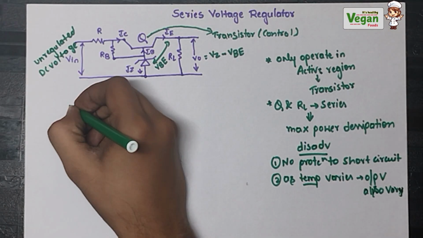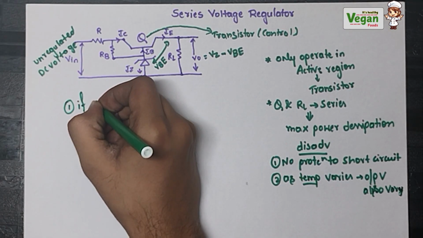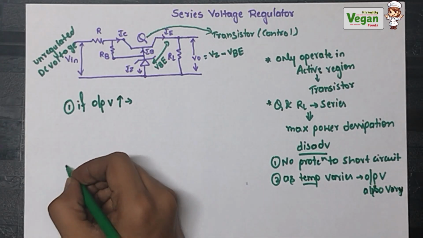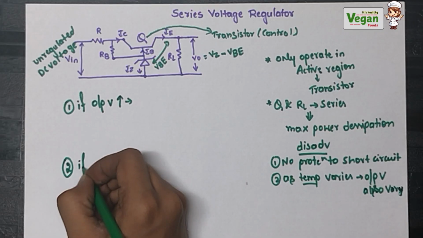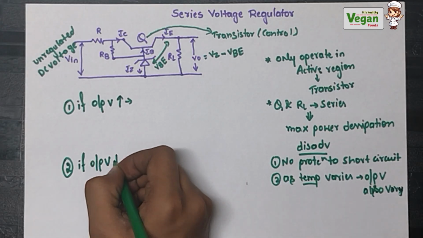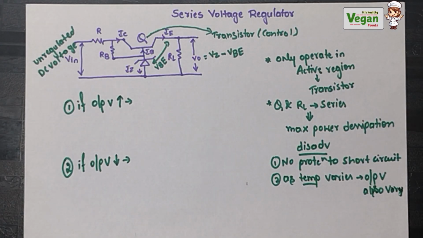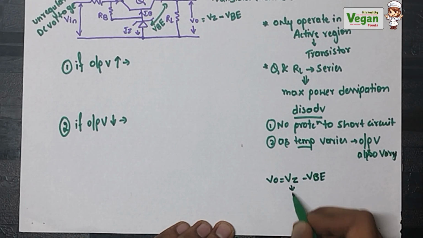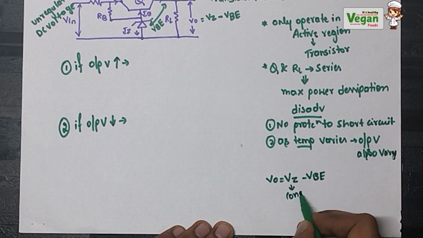Now the series voltage regulator will work in two conditions. First, if the output voltage increases. Second, if the output voltage decreases. We can know whether the output voltage increases or decreases by knowing the value of VBE, because Vout is equal to Vz minus VBE, and the zener voltage is a constant value.